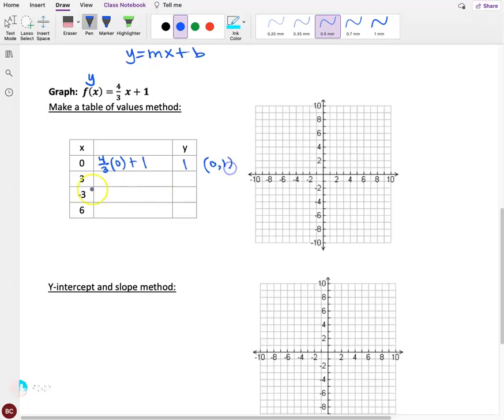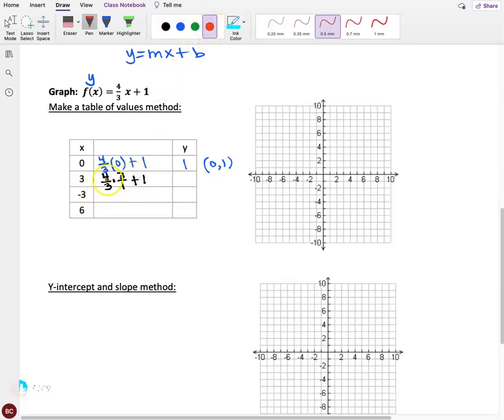All right, then let's go down to this one now. Let's put 3 in place of my x. So I have 4/3 times 3, which is really 3/1. I'm going to write it that way because it will make it easier for us to see some things here, and then plus 1.